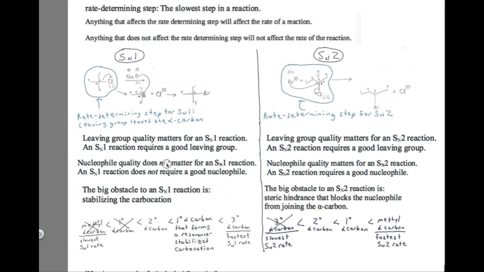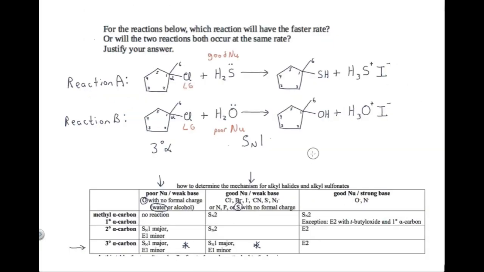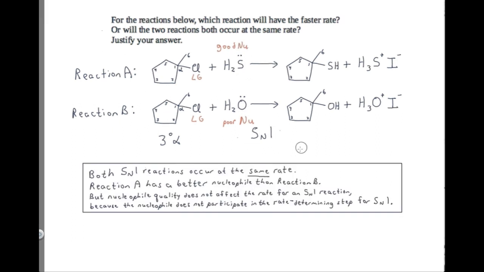Nucleophile quality does not matter for an SN1 reaction. So we expect that even though reaction A has a better nucleophile than reaction B, reaction A will occur at the same rate as reaction B because the nucleophile quality doesn't affect the rate for SN1. So here's our answer. Both reactions occur at the same rate.